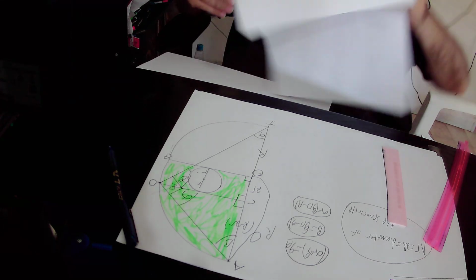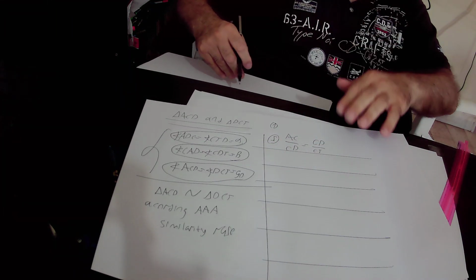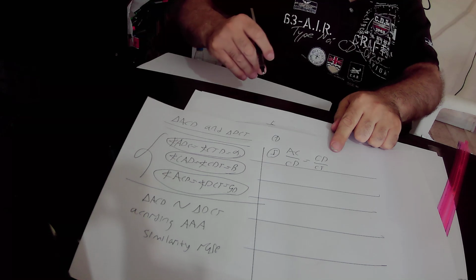Repeat again, we will derive that AC over CD equals to CD over CT.